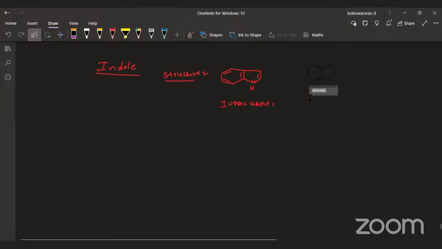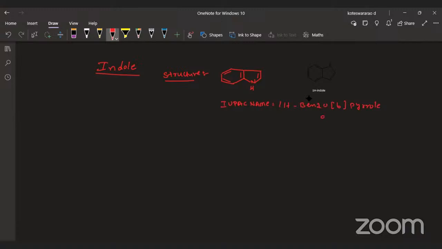But we can also assign the IUPAC name 1H-benzo[b]pyrrole, or we can also write 1H-benzo[b]azole. Or we can also include 1H-indole. This is also correct.